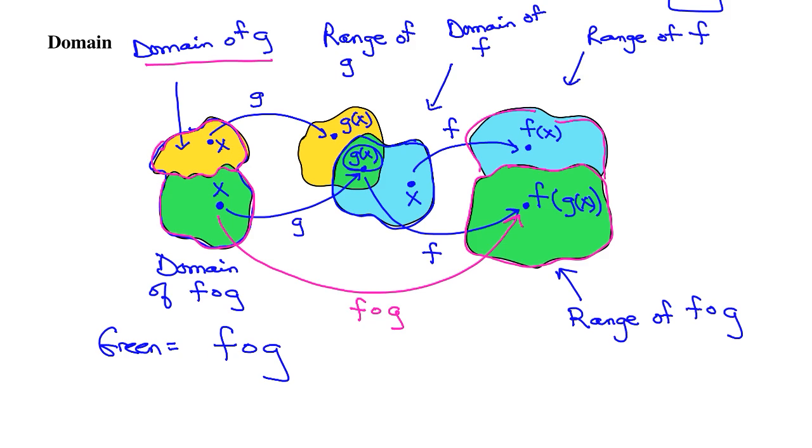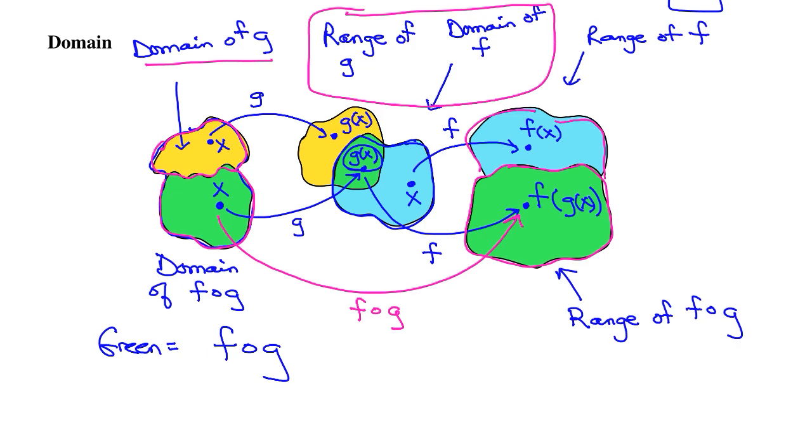The question is, how could this go wrong? What could possibly happen? And the secret to this lies right here in the middle. You need this middle piece to be both in the range of g and in the domain of f.